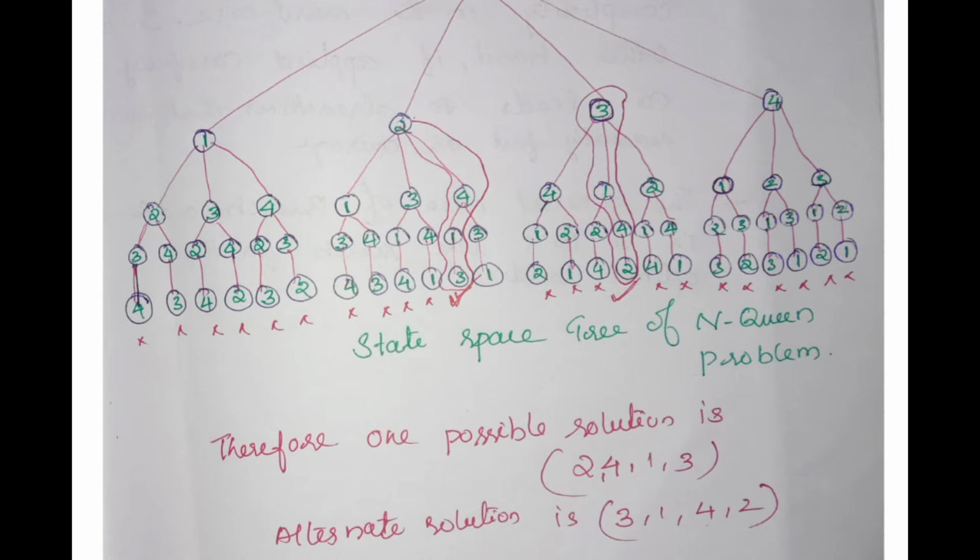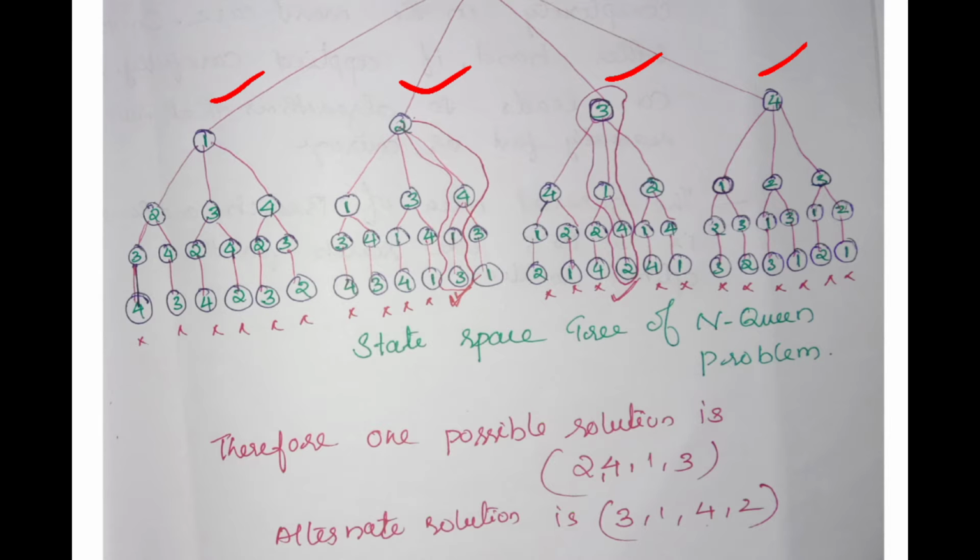So first, listen here. There are 4 queens: 1, 2, 3, 4. Queen 1 is placed in the first column, the second queen in the second column, the third queen in the third column, and the fourth queen in the fourth column. So the first queen is placed in the first column, first row.